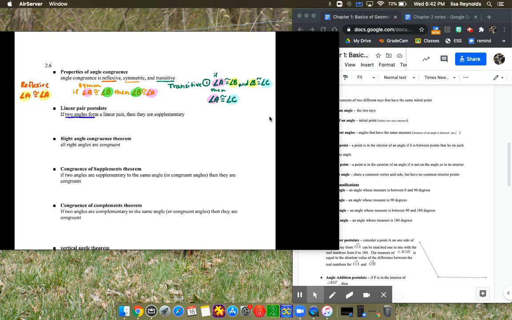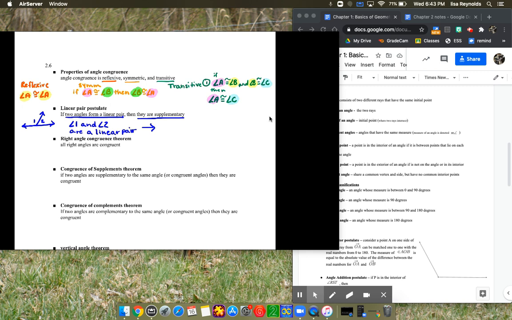So if two angles form a linear pair, so we're either going to have a diagram showing us a set of linear pairs, or we're going to have a statement saying that our angles are a linear pair. Then we are going to get that they are supplementary.